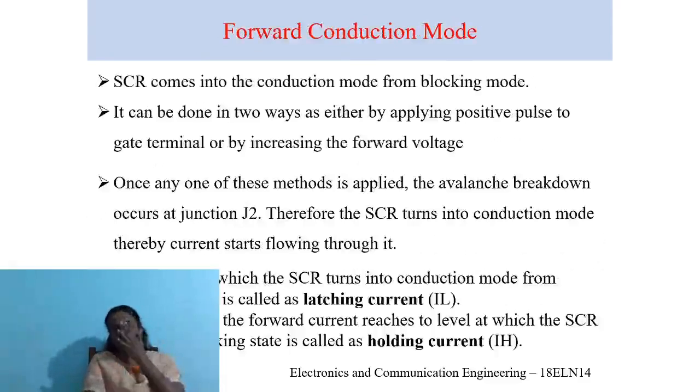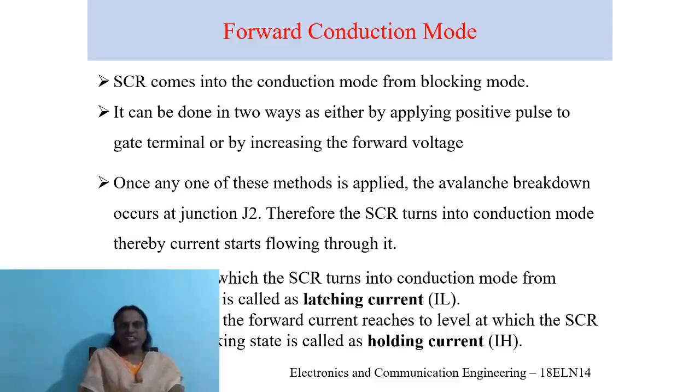Whereas in the forward blocking mode, it was an open switch. Here in the forward conduction mode, it acts as a closed switch. A closed switch means the current will start flowing. When the current starts flowing, it is in the conduction mode. Okay, and the current starts flowing through the SCR.